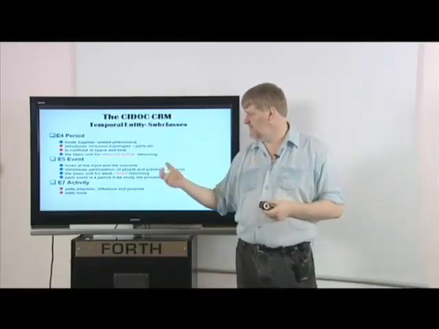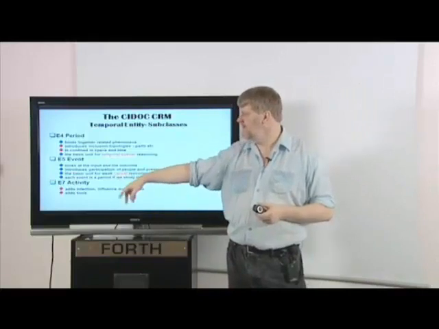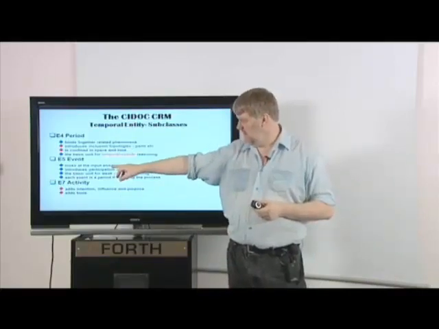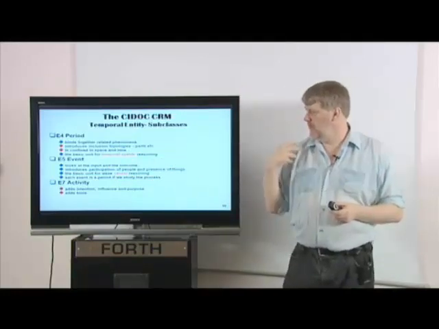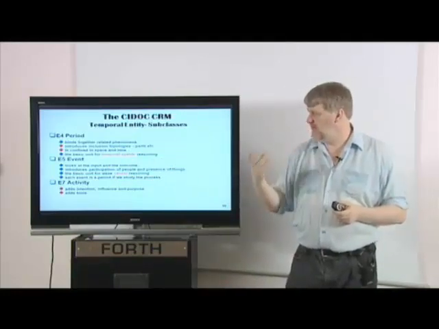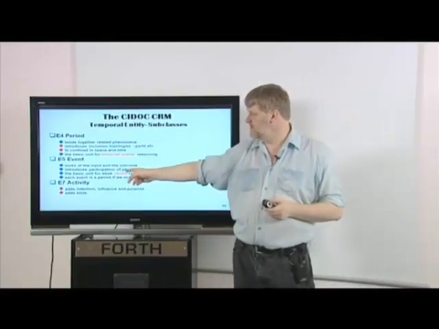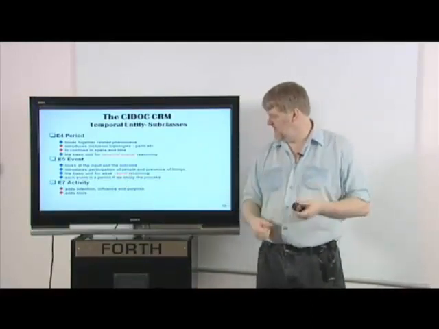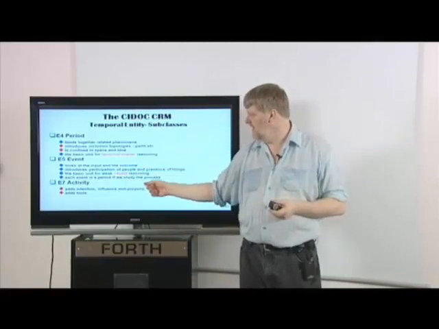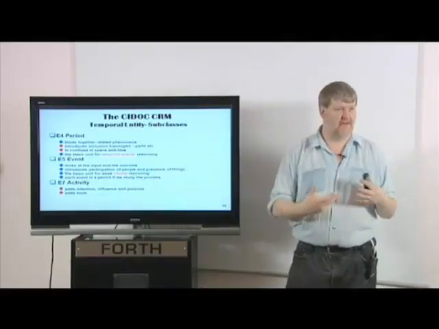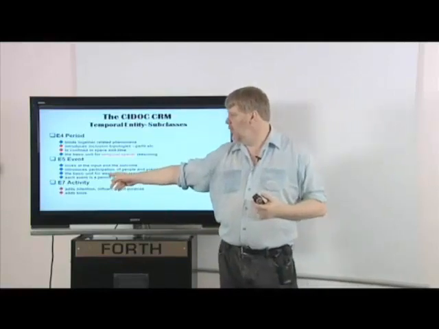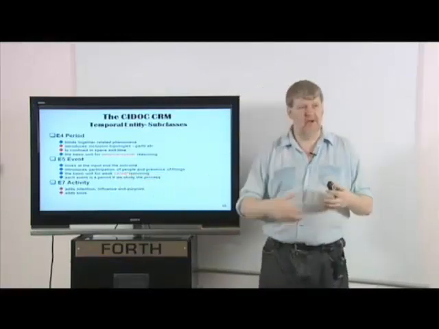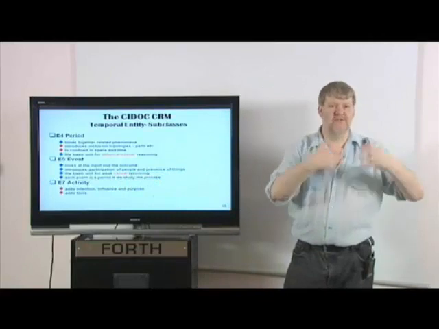Events, which are below period, start to look at inputs and outcomes. So what went in and what was the output of the event. It allows us to talk about participation in the most general sense of people and the presence of things. So things are actually at the event. It gives us a weak causal reasoning. So we can talk about, this caused this in a very general, weak sense.